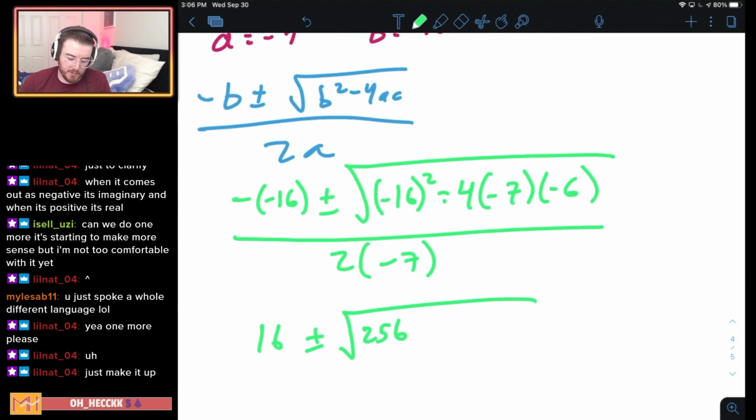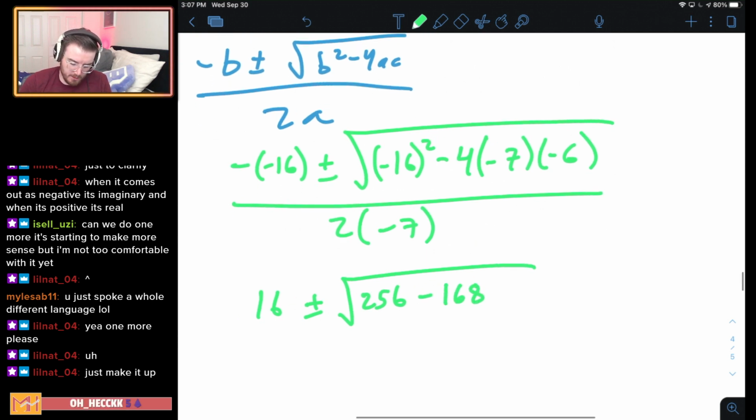A negative times a negative gives me a positive. But then positive 28, which is the result, right? Negative 4 times negative 7. Positive 28 times negative 6 gives me another negative. So positive 28 times negative 6 is negative 168, all over negative 14.